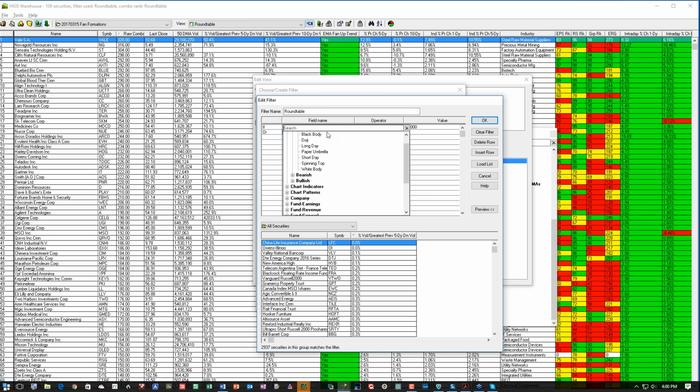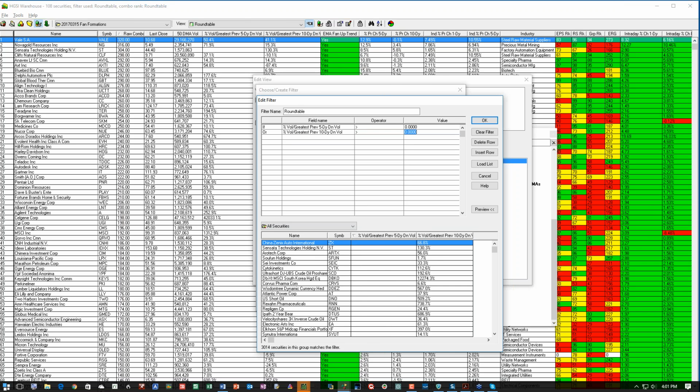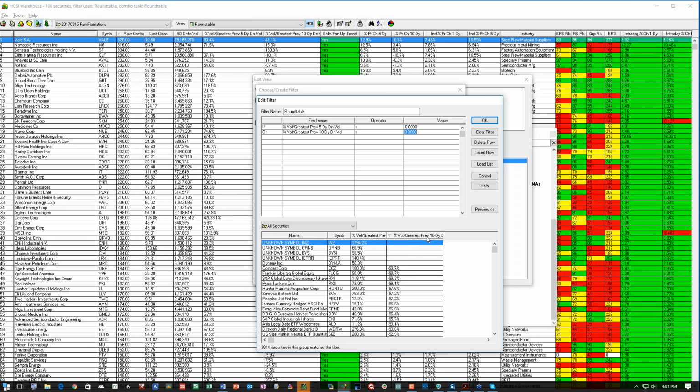And once again, I'm going to type in percent VOL front slash, and I'm going to use the previous 10-day down volume greater than 0. So notice that on the 5 column that a lot of these are empty, but on the 10 column they're populated.